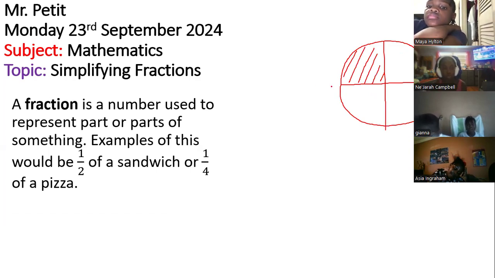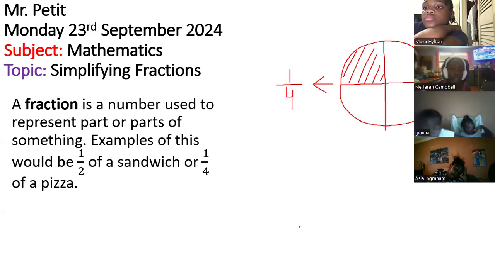Just 1, right? So what fraction can I use to represent this part that is shaded? 1/4, or 1 over 4. Very good. Joel, why do I have 1 over 4? What does that mean? Because you just took one piece away from the 4 that were there. Yeah, so now there are 3 left. 1 out of 4. Very good. So we use fractions to represent a part or parts of something.